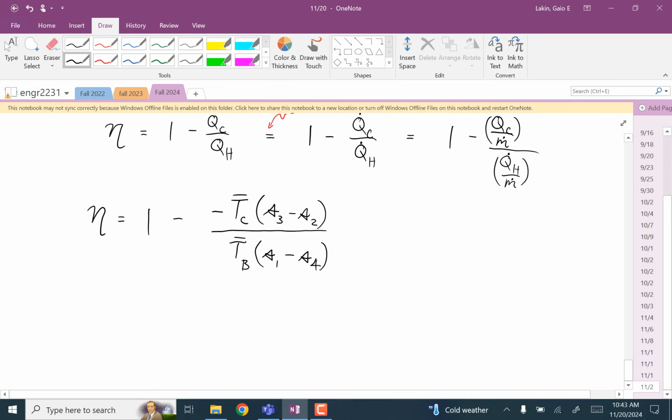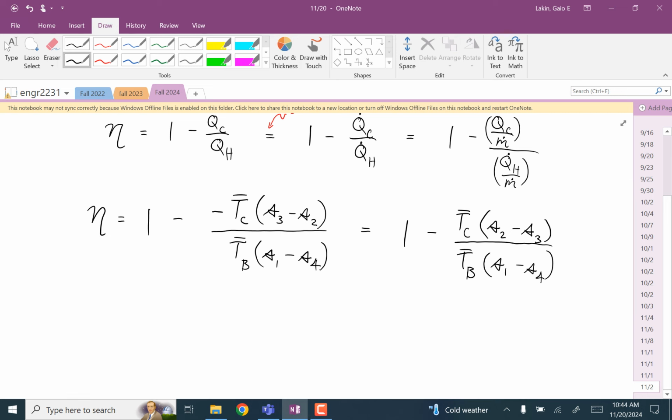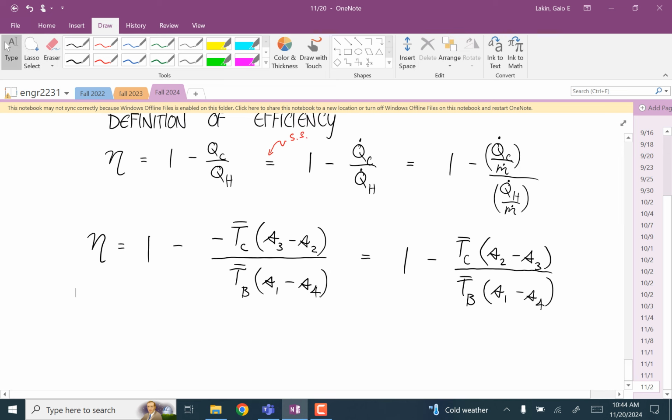To get rid of that sign in the numerator, I'm just going to switch the order of those specific entropies. So this is 1 minus TC times S2 minus S3 over T boiler times S1 minus S4. Now from those two isentropic stages, we have substitutions we can make.